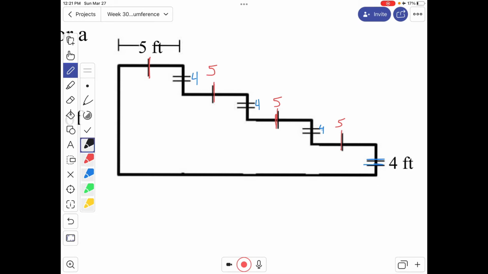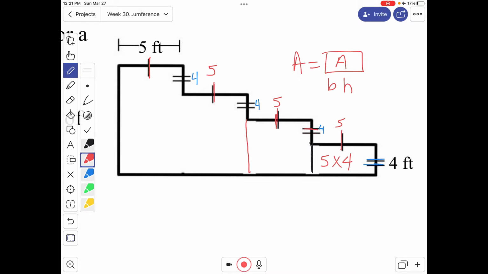That means that this little section right here is 5 feet by 4 feet. And remember, we're doing the area of a rectangle, which is base times height. So this would be 5 times 4. But the next one is just a little bit taller.